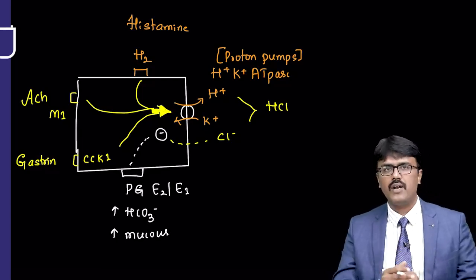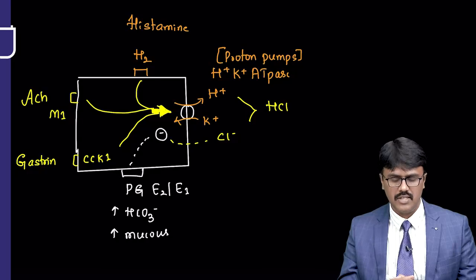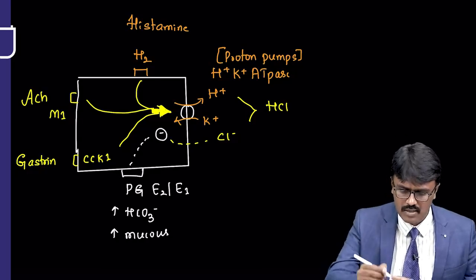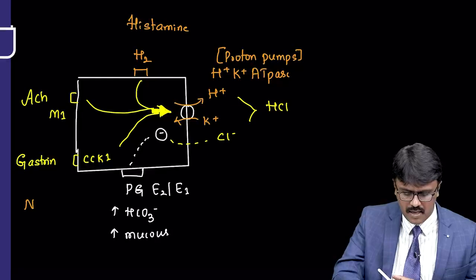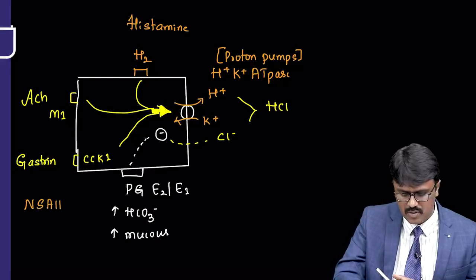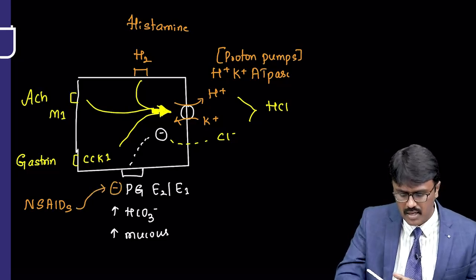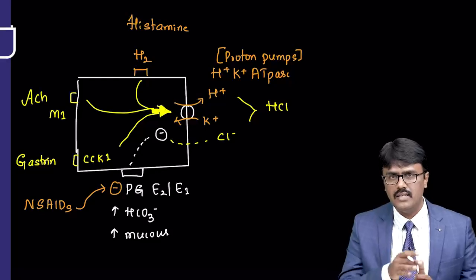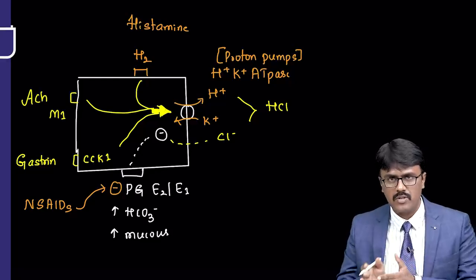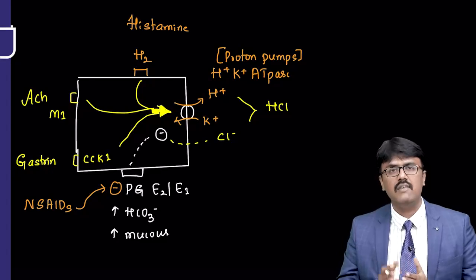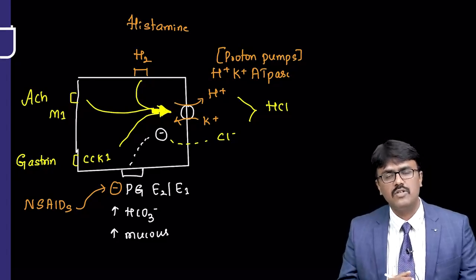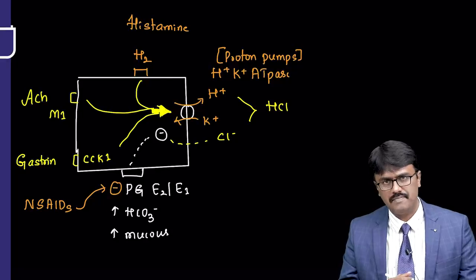So they are the protection which is given by nature. Now you all know that we prescribe NSAIDs, that is analgesics, to the patients. And NSAIDs inhibit the prostaglandins. So that is the reason when we use NSAIDs, they block prostaglandin, there is a chance of gastritis that will lead to NSAID-induced peptic ulcer disease.